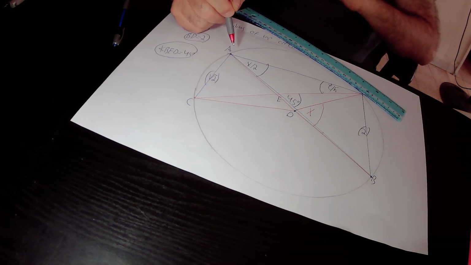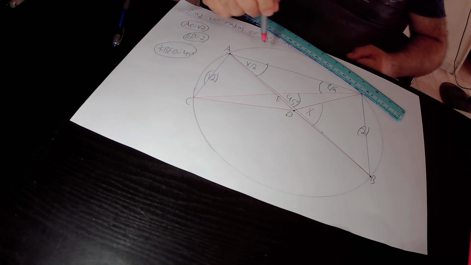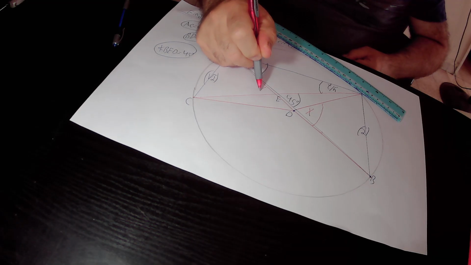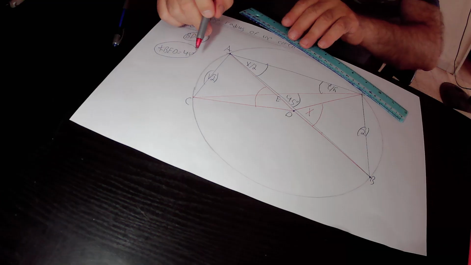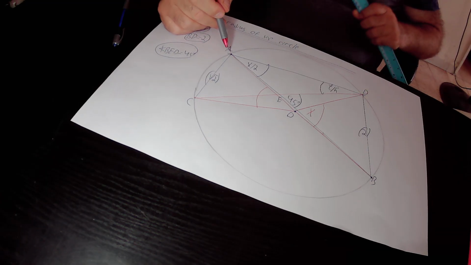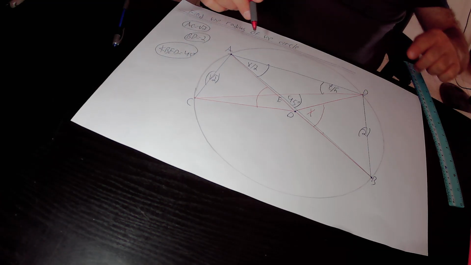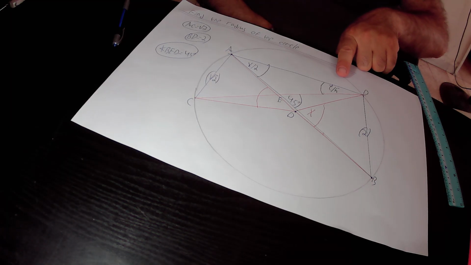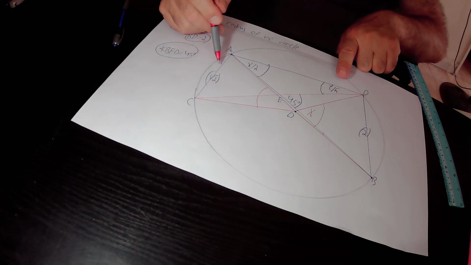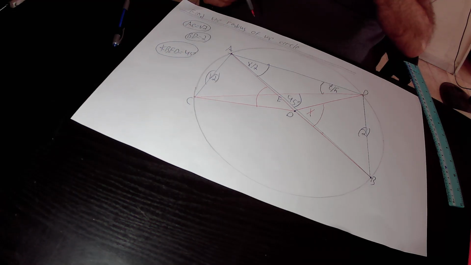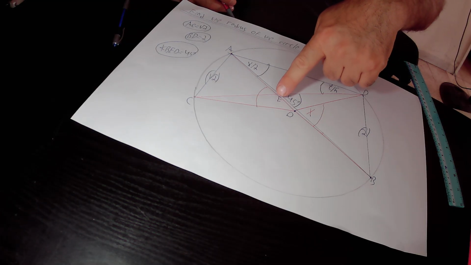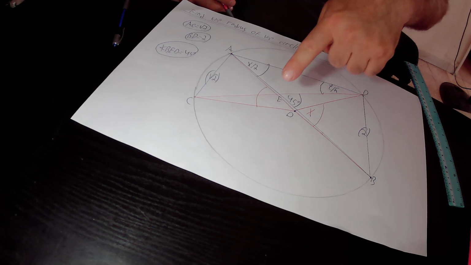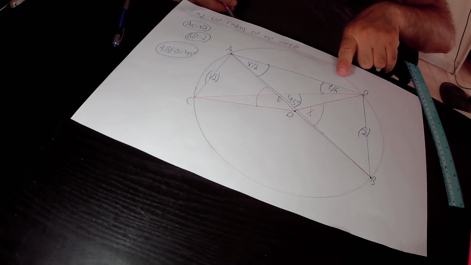By doing this construction, we created the central angle AOC. This is central angle AOC, and this central angle AOC is subtended on the same chord called AC, exactly like this peripheral angle ADC. Therefore, according to rule 13, the size of this central angle AOC must be twice as large as the size of this peripheral angle ADC.